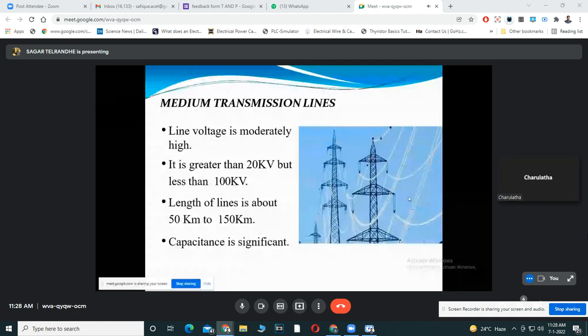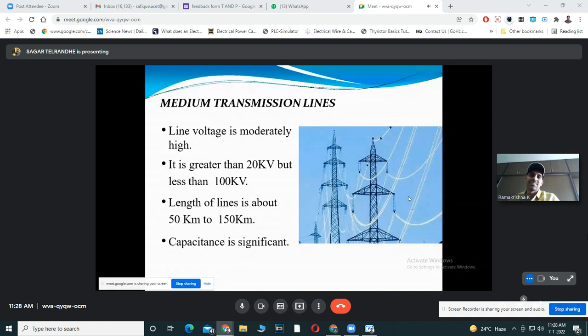As I told you earlier, in short transmission line, the capacitance was very low and thus it was neglected. But in case of medium transmission line, it becomes appreciable and we have to consider the effect of capacitance on the transmission line from medium to higher, long transmission lines. One such type of medium transmission line is shown in the adjacent figure that you can see.